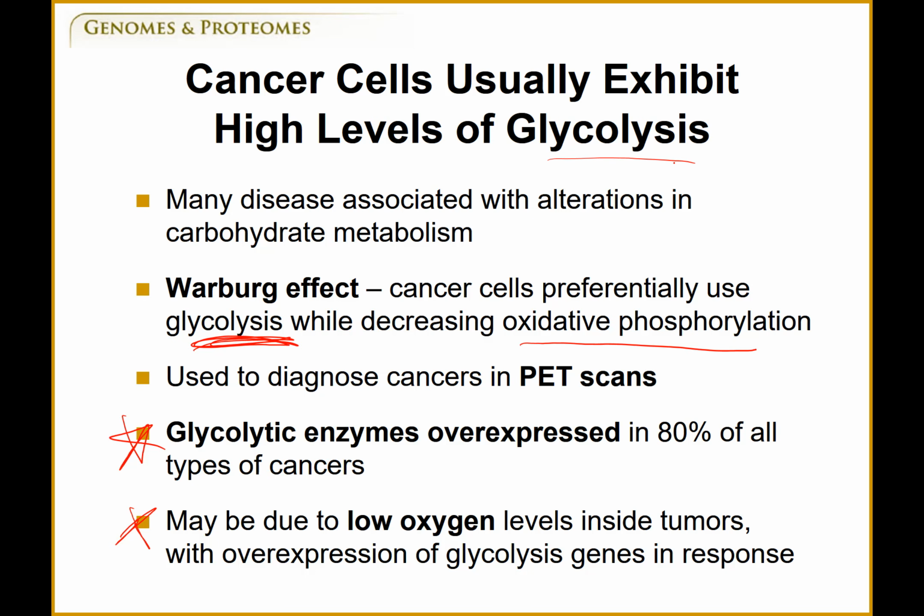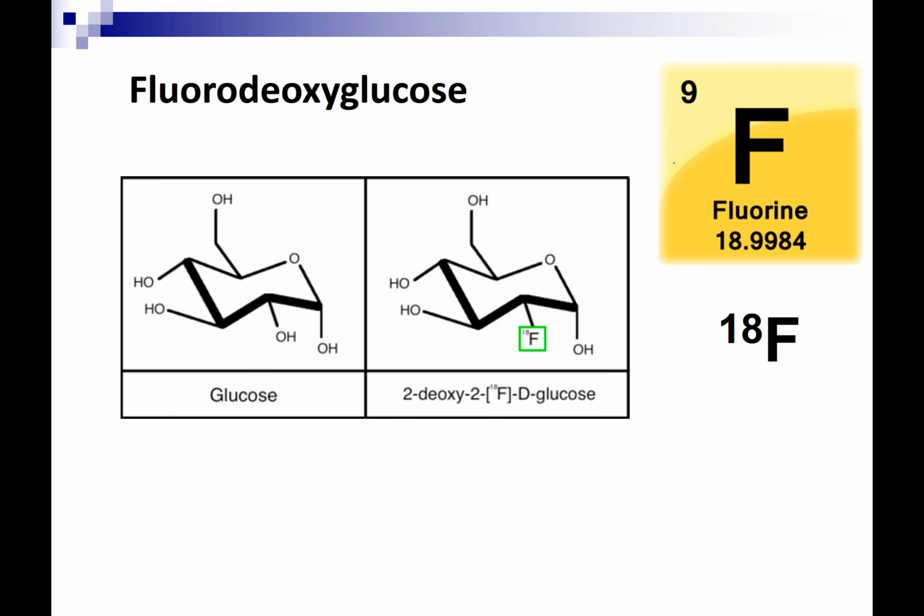What's happening, how we study this, is that we can use a radioactive molecule called fluorodeoxyglucose. So here's fluorine. And from your periodic table, you can tell that fluorine has 9 protons and usually 10 neutrons.